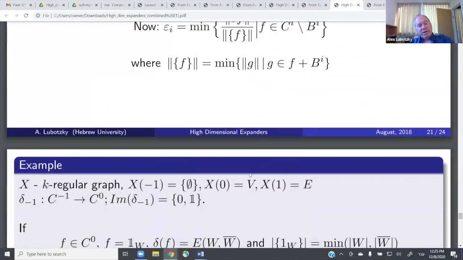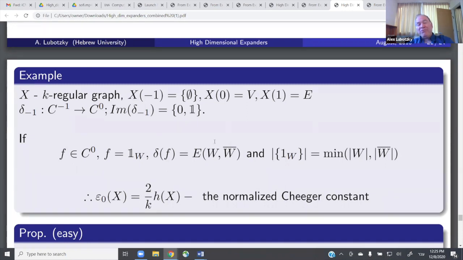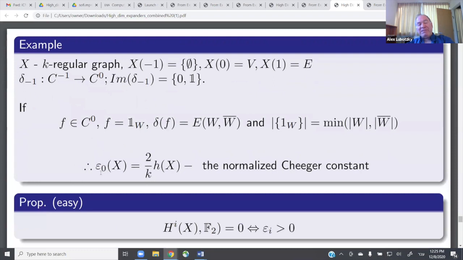The next is, but my time is almost over, so I will just go quickly and tell you, you really have to do it by yourself to convince yourself. If you do it, you see that epsilon 0 of X is, up to normalization, exactly the Cheeger constant, exactly the expansion.